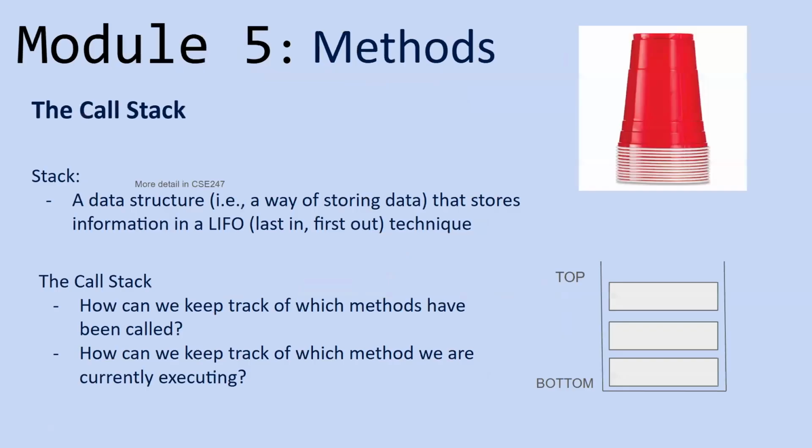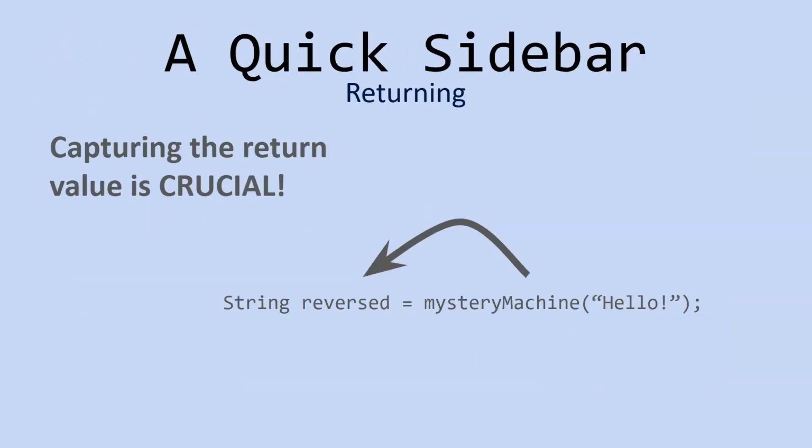As far as the user would know, we might as well have not even called mysteryMachine because we didn't store the value. There's no way to even tell that we ran it. So just make sure you capture the return value if you want to use whatever your method returned later on.